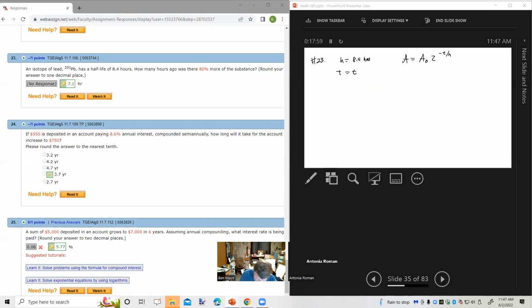But in this case, the ending amount is A. The beginning amount is A plus 80% of A, which would be 1.8 times A. So the beginning amount is all of A plus 80% of A.